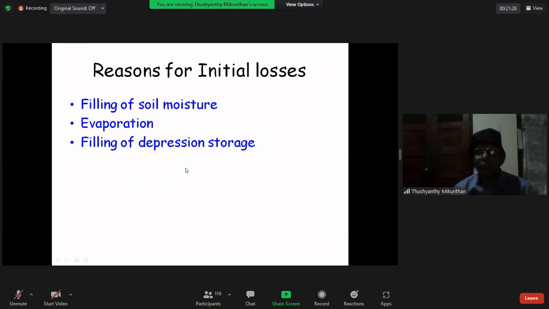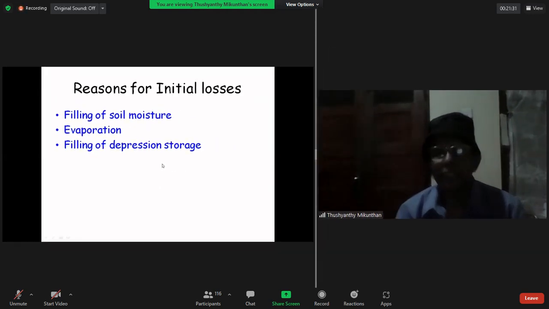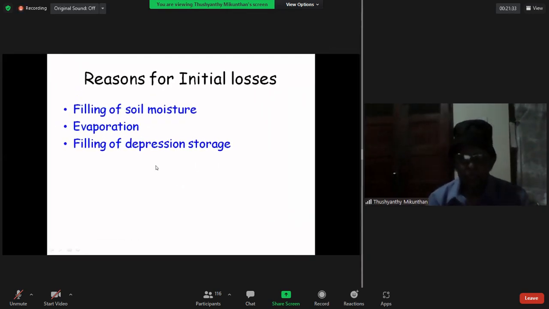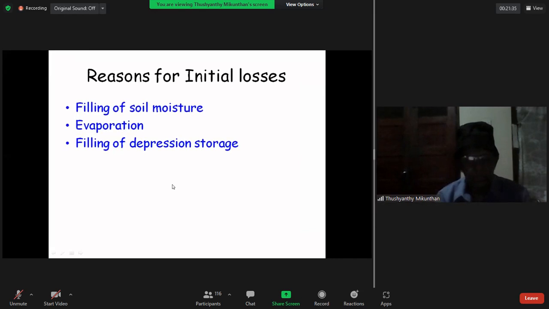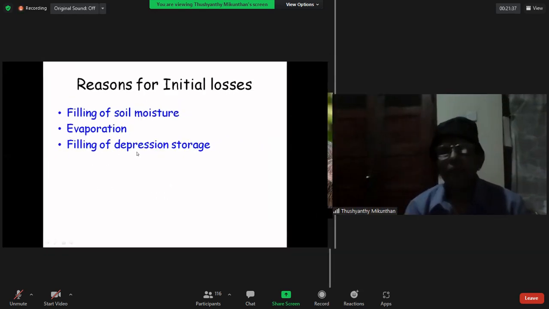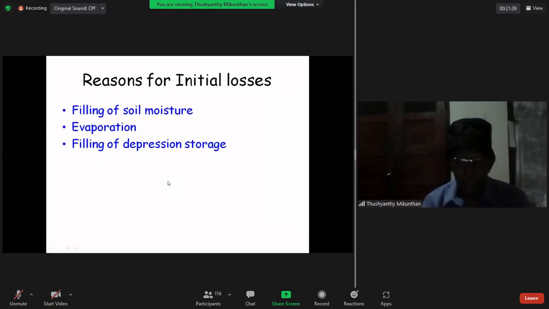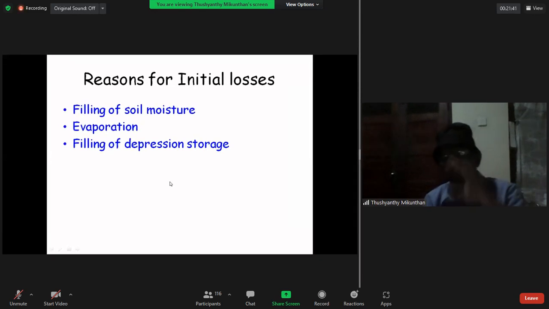Sometimes you may have some depression storage structures, so filling of depression storage structures. After that, runoff will be generated in the catchment.